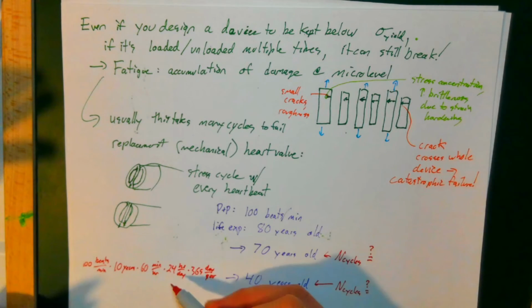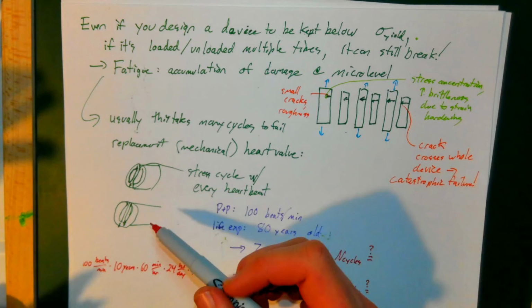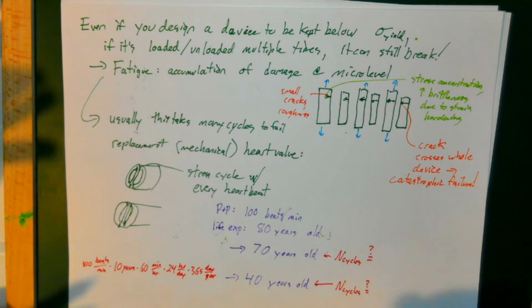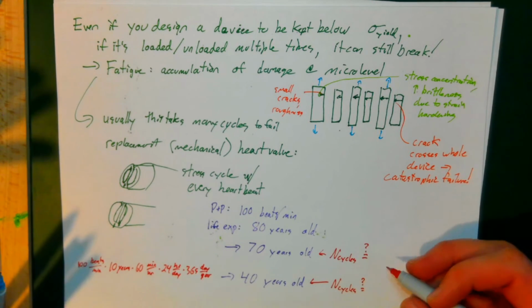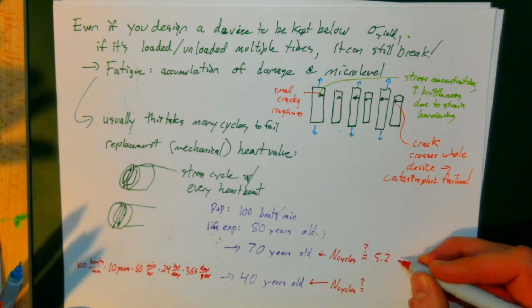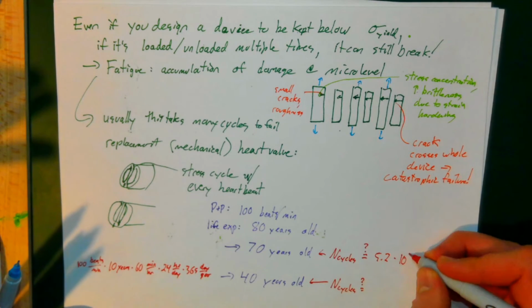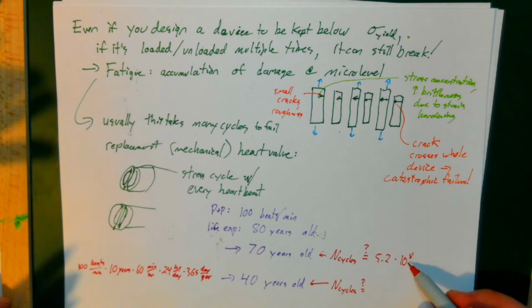Or we could have said 525,600 minutes per year. It turns out that the number of cycles for the 70-year-old would be about 5.2 times 10 to the 8th cycles.